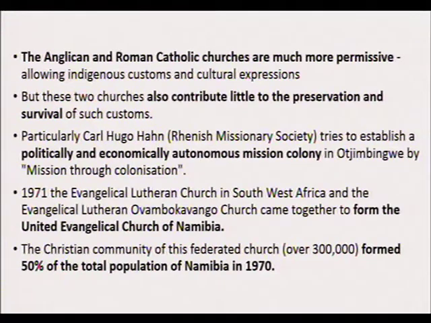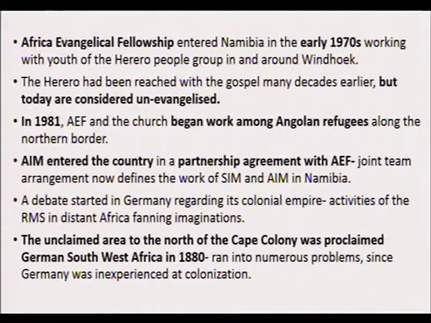And the Christian community of this federated church of over 300,000 formed 50% of the total population of Namibia in 1970, which is really quite a significant fact to take into account.